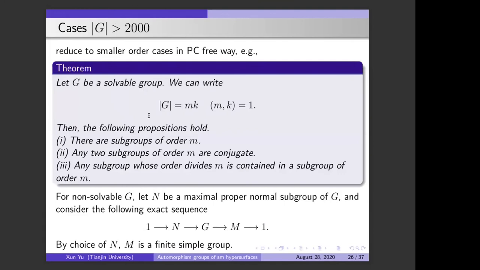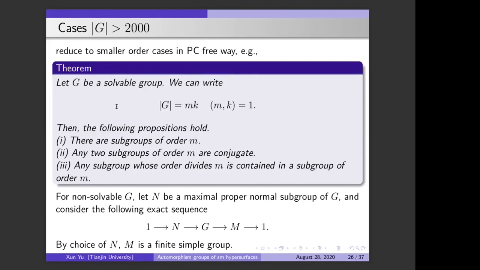For example, for a solvable group G, if its order is m times k, with m and k relatively prime, then you have a subgroup of order m, any two subgroups of order m are conjugate, and any subgroup of order dividing m is contained in a subgroup of order m. This is a kind of generalization of Sylow groups.